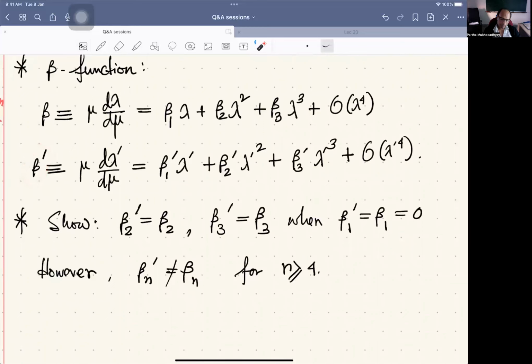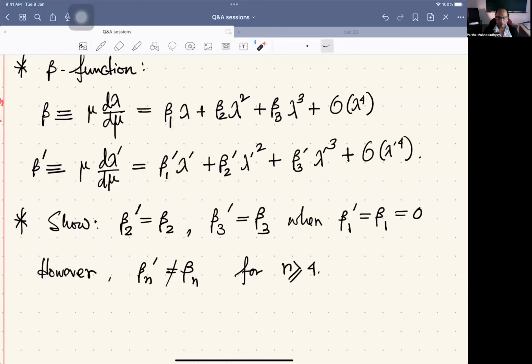So this is the expression for beta prime in terms of lambda prime. But what I will do is to write beta prime in terms of lambda, in terms of the previous coupling, the original coupling, lambda. And now there are two ways of doing it. In one way of doing it, the expression for beta prime in terms of lambda will have the beta I prime coefficients.